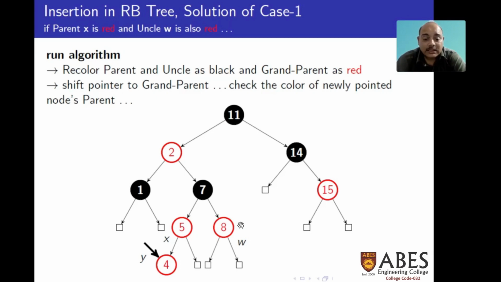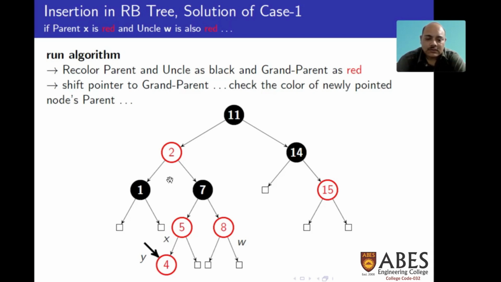Please try to remember, on this level only one black color should be there. So 7's color should be red, 5 and 8 will have black color, and 4 is having red color. Now, initially the 7's color was black, and we are forcefully making its color red. That's why we put the pointer on 7.